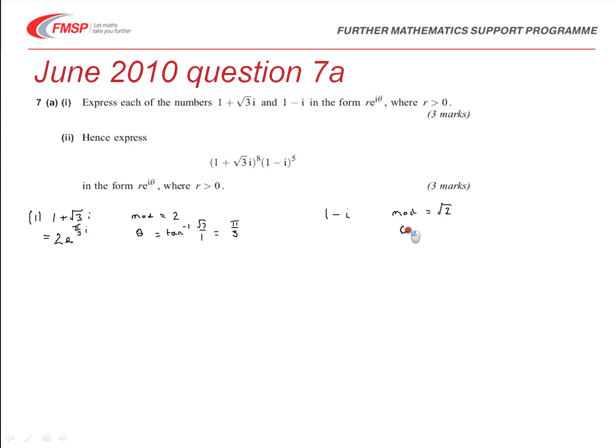And again, its argument, theta, will then become tan to the minus 1 of negative 1 over 1, which gives us an angle of negative pi by 4. Okay, so it's below the theta equals 0 line. And so this number can be written in the form root 2 e to the minus pi by 4 i.